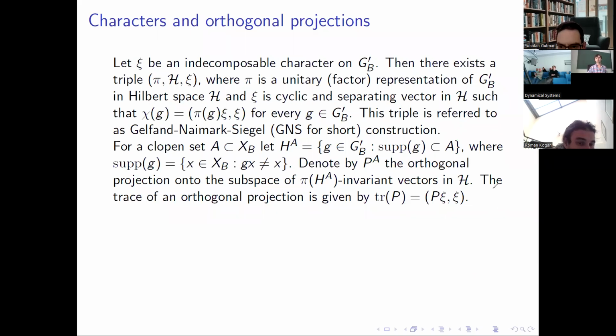And by definition, the trace of an orthogonal projection is, in this case, given by this formula, the scalar product of P xi with xi. It's an important function on the von Neumann algebra.